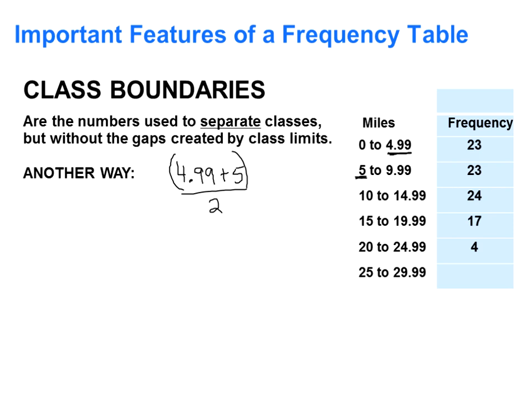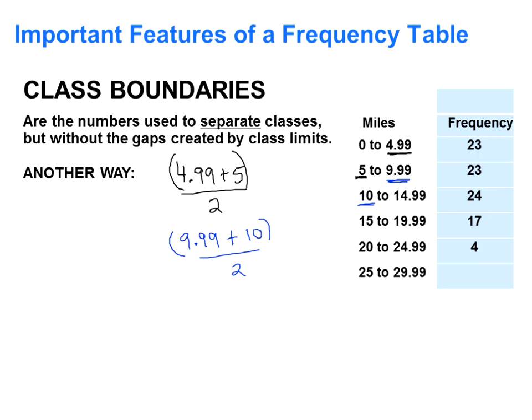So again, in a different color, you take where one class ends and where the next one begins, and you divide by 2. And then you start seeing a pattern.